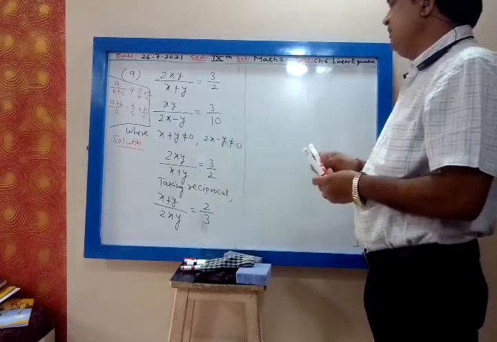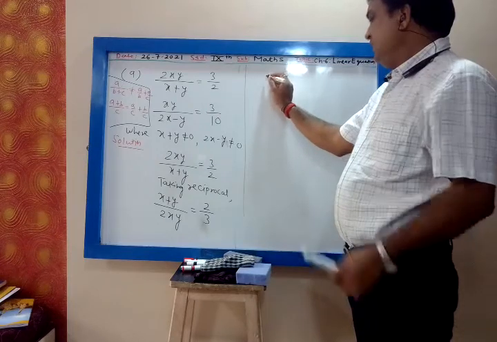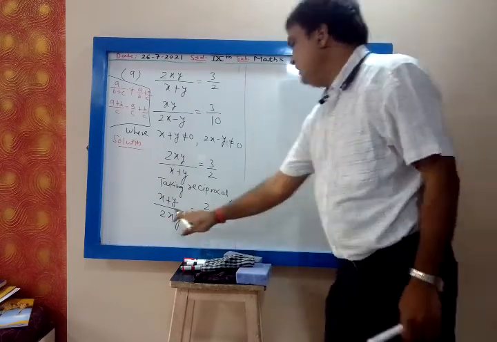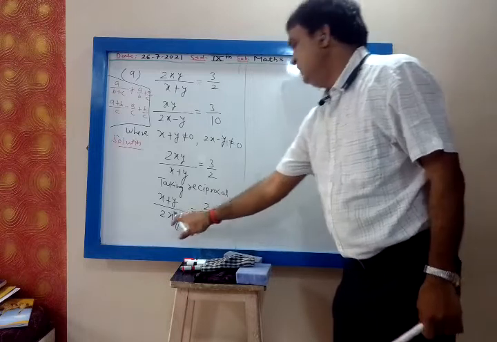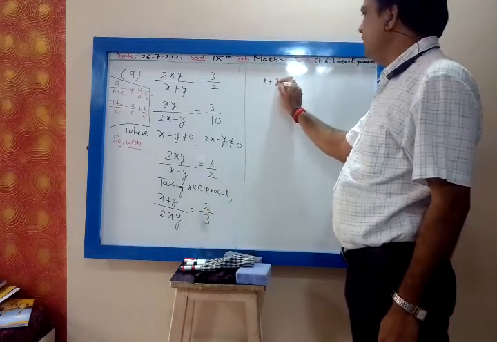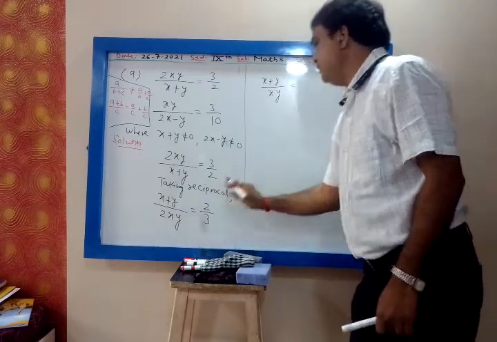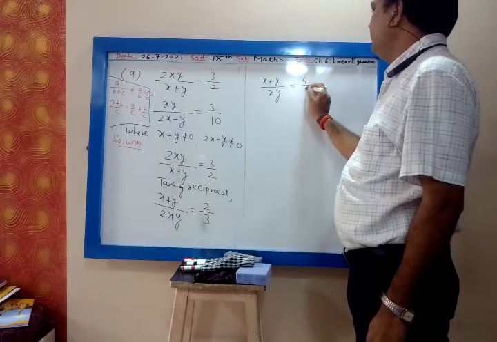So let us solve this. So a plus b by c will be a by c plus b by c. So what does that become? See, this 2 I can cross multiply. So what will you get? X plus y upon xy is equal to 2 twos are 4, 4 by 3. Okay.